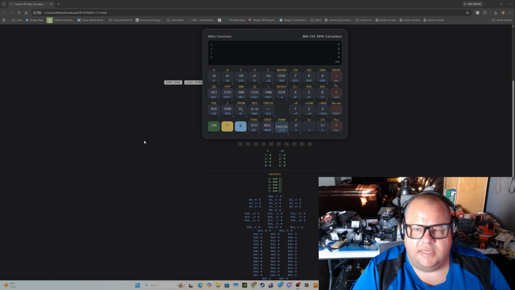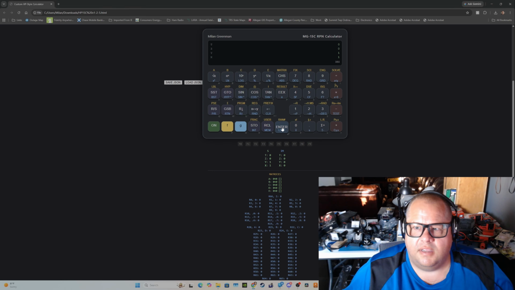Okay, now that we've seen the 3 ways to solve it by hand on paper, we'll dig into my MG15C emulator, which follows the same steps as an HP15C calculator. I have the quadratic equation in the programs. It's in label E. And the way that the program works is we enter A first, so 1, enter.